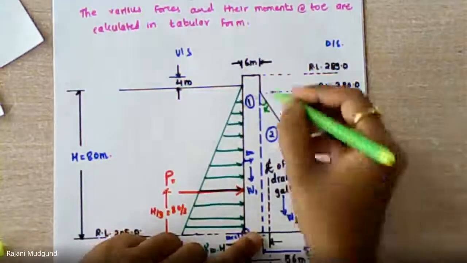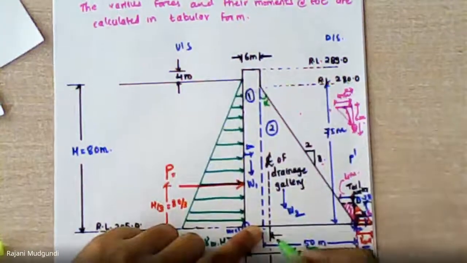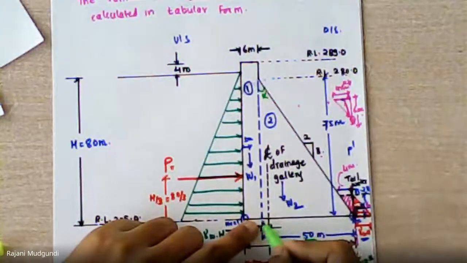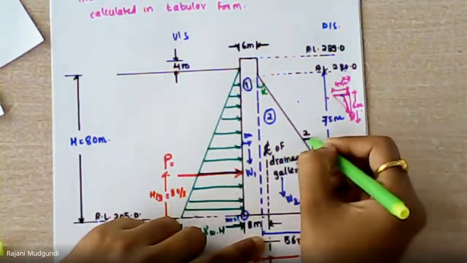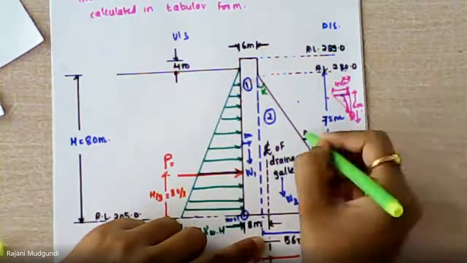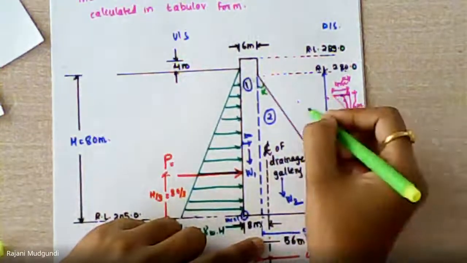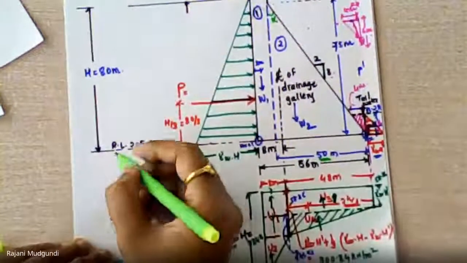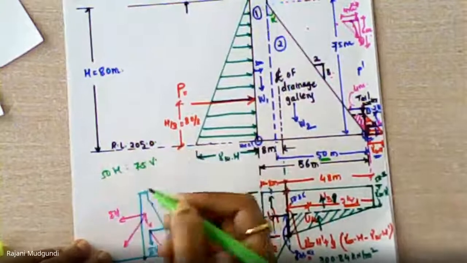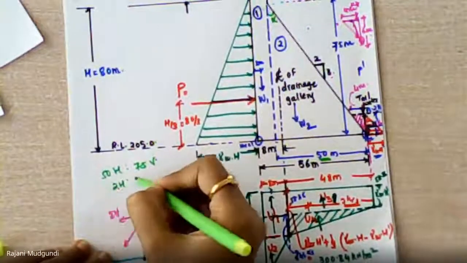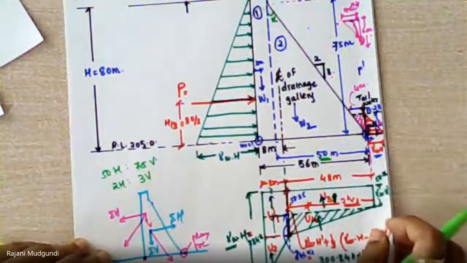The base of this triangle, the dotted line indicating the horizontal length, is 50 meter. So this slope is 2 horizontal to 3 vertical, or 50 horizontal to 75 vertical. So this will be the same as 2 parts horizontal to 3 parts vertical.